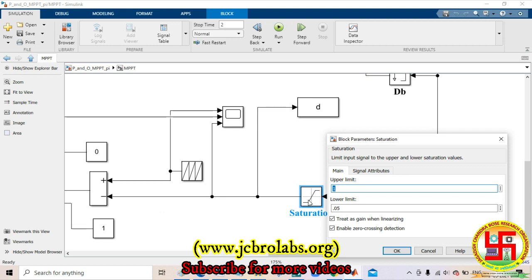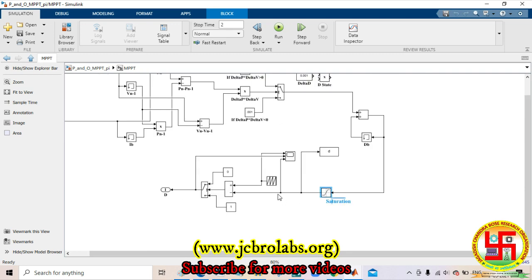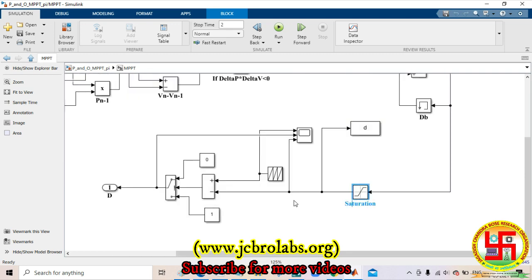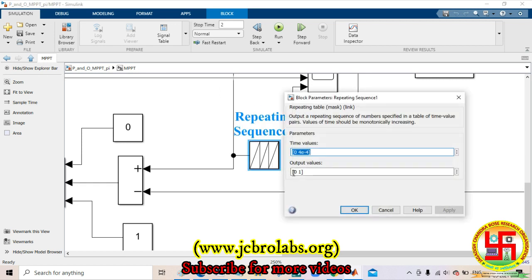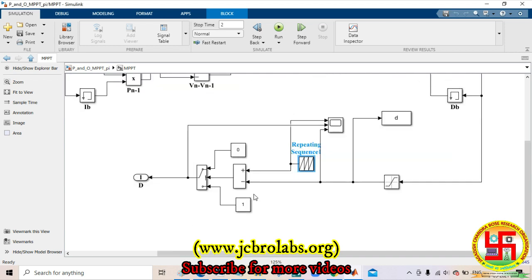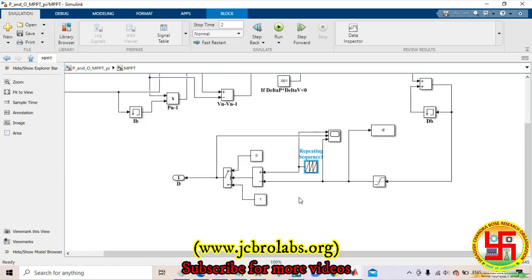Why we keep the saturation block: to limit the input and output voltage level. Now from here we are giving the voltage and the duty ratio to the repeating sequence.